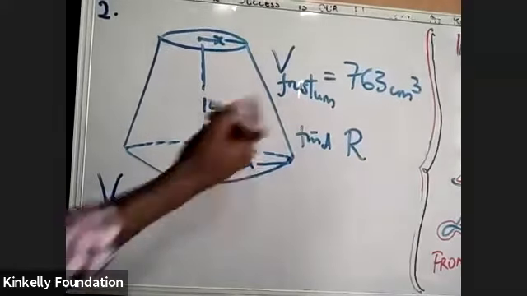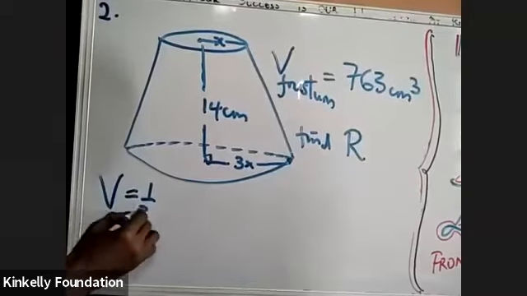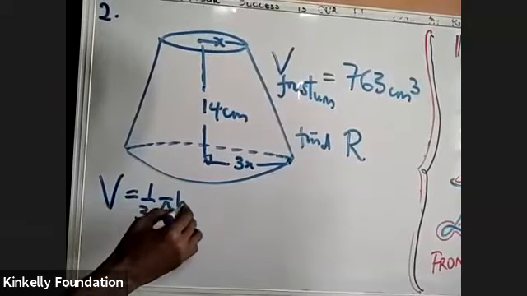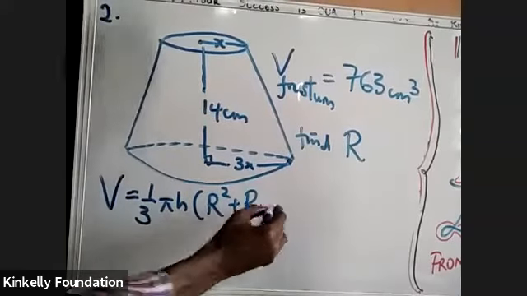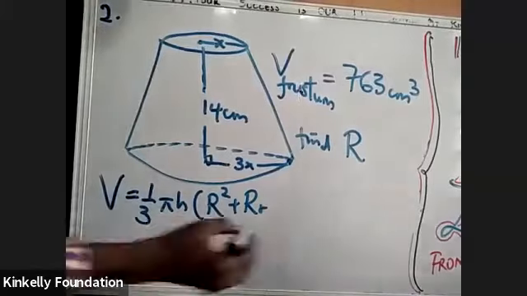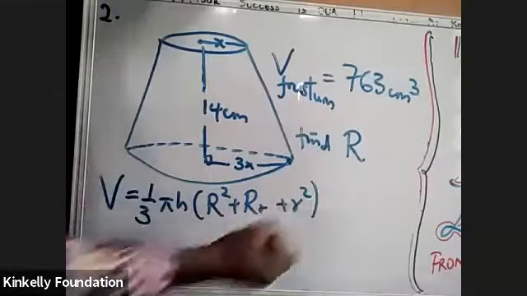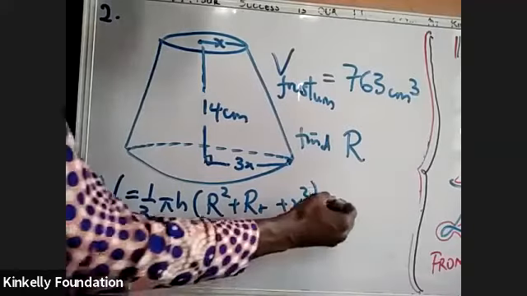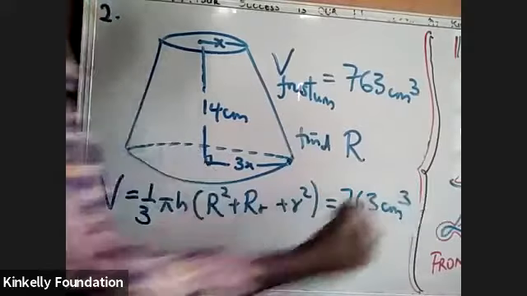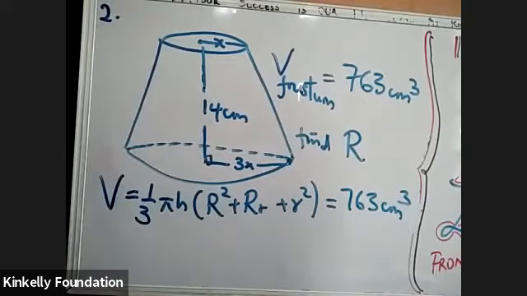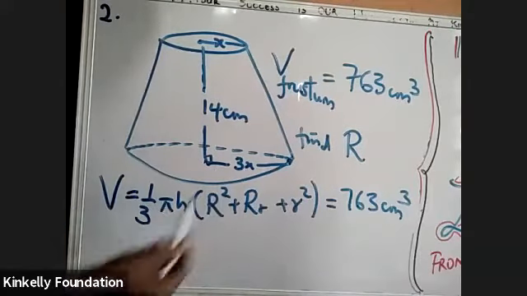Since the volume has been given, we say the volume of the frustum is equal to 1/3 pi h, R squared plus R times r plus r squared. And now this is equal to 763 cm cube. And remember that this R is equal to 3x.